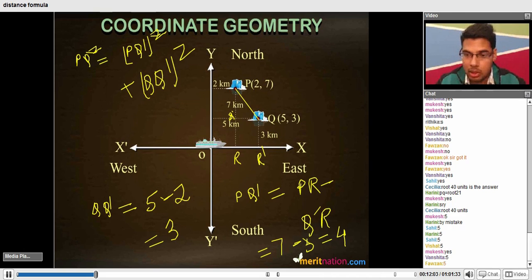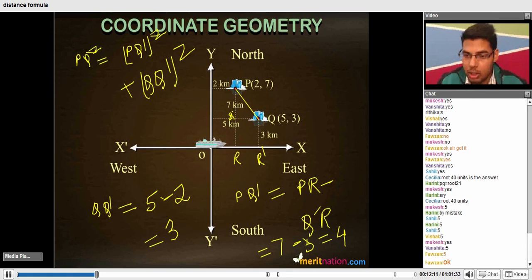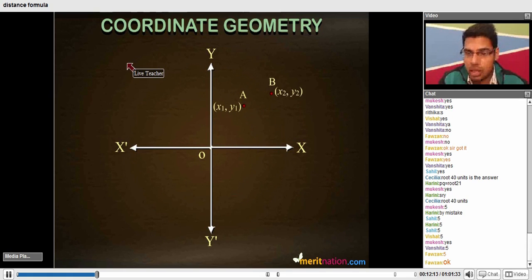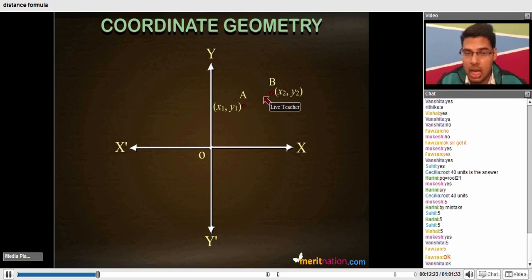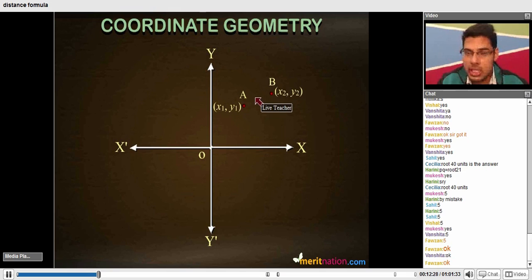Right? So the purpose here is not to solve this question, but to understand the concept, how we really arrive at the distance formula. So let us try to derive the distance formula. Let us take these 2 points, A comma B. A is x1 comma y1, B is x2 comma y2. So these are, let us say, 2 points in the Cartesian plane, and we have to find the distance between them.